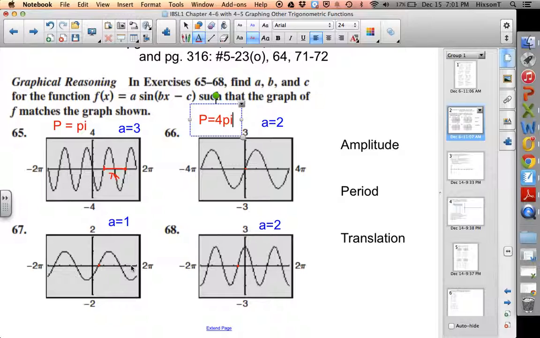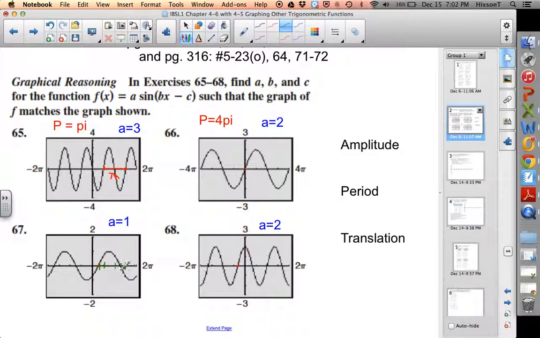So if this is 2 pi, and we're marking this, this right here would be pi. This would be pi over 2, and this right here would be pi over 4, our starting point. Now this would be 3 pi over 2, and this right here, halfway between pi and 3 pi over 2, is going to be 3 pi over 4.